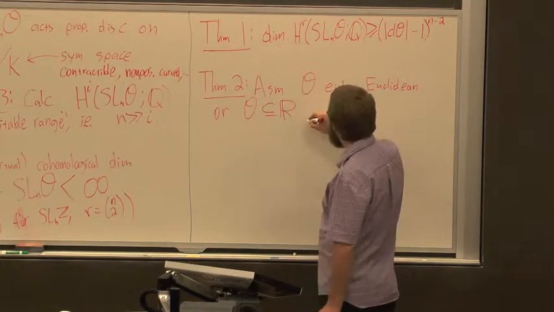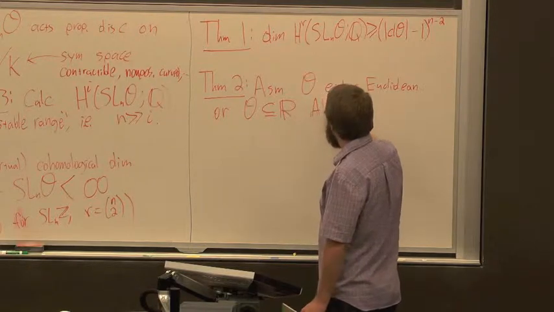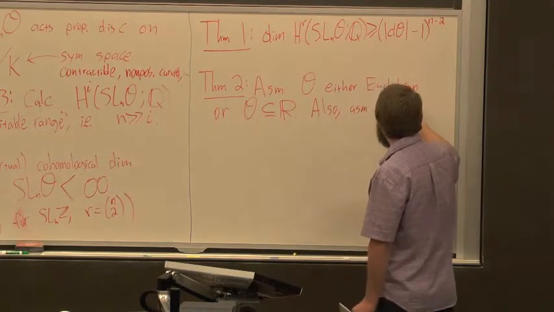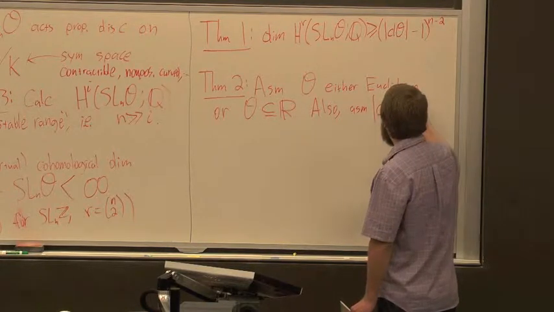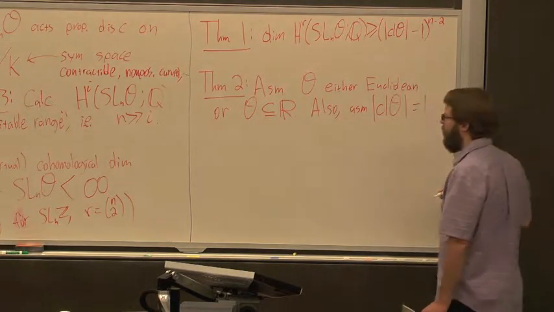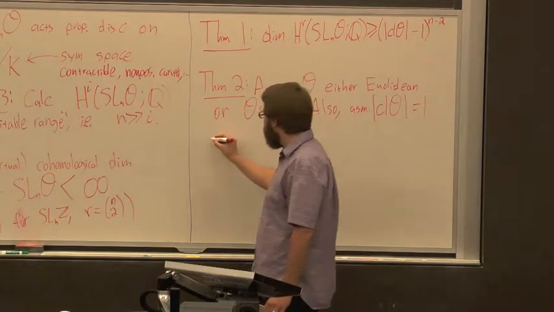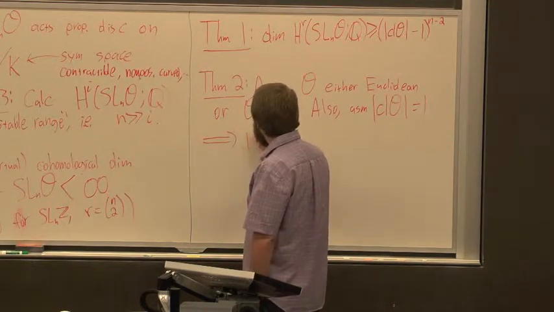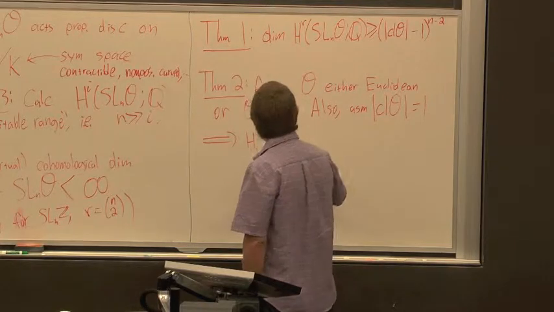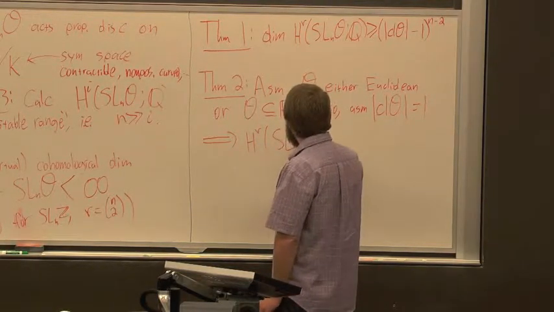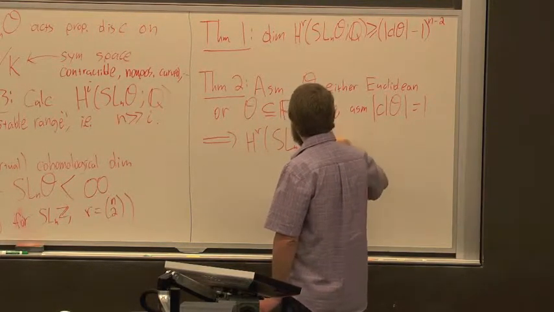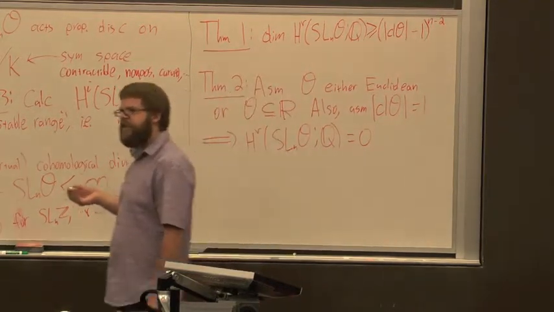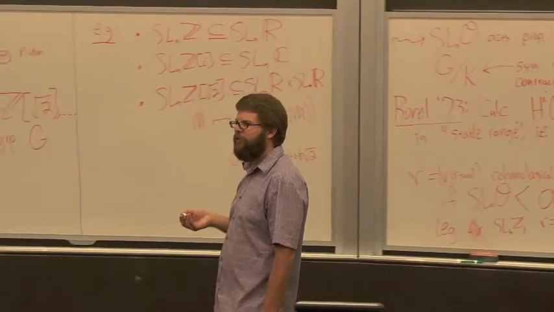Also assume that the class group of O has class number equal to 1, so the number of elements inside the class group is 1. Then the conclusion is that this top-dimensional cohomology group of SL_n(O) with Q coefficients is equal to 0. So for instance, for Z, it says the top-dimensional cohomology group is equal to 0.